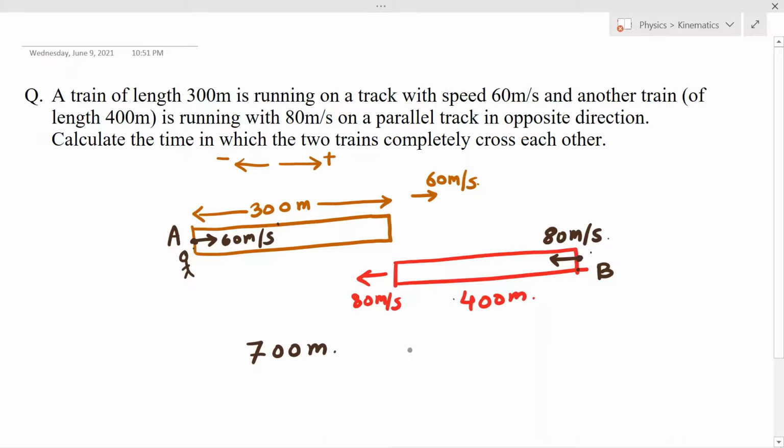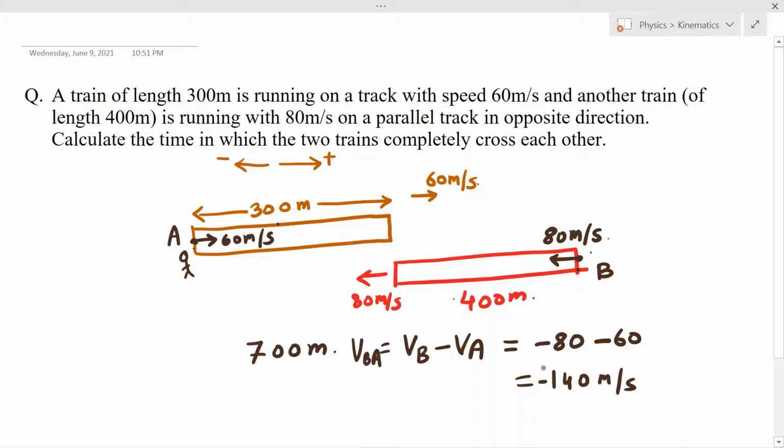Now velocity of point B minus velocity of point A is the relative velocity, that is velocity of B with respect to A. Velocity of B with respect to A will be minus 80 minus 60 because left is the negative direction. So this will be 140 meter per second in the minus direction, left direction.